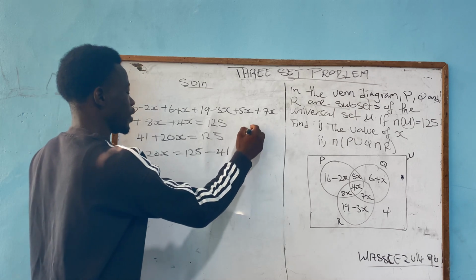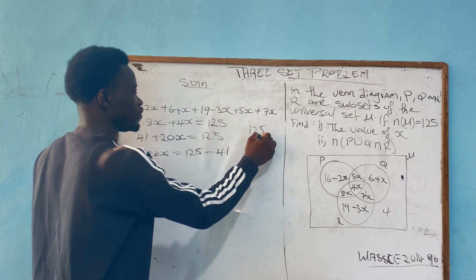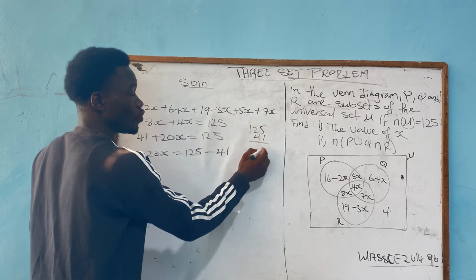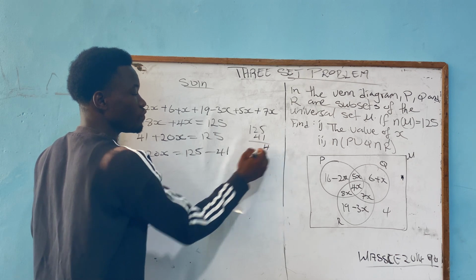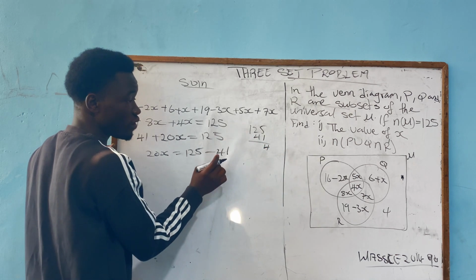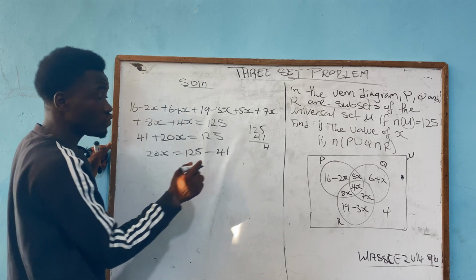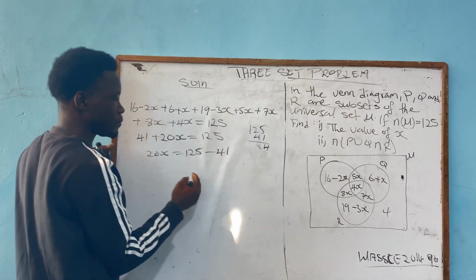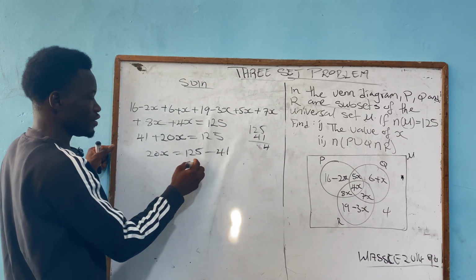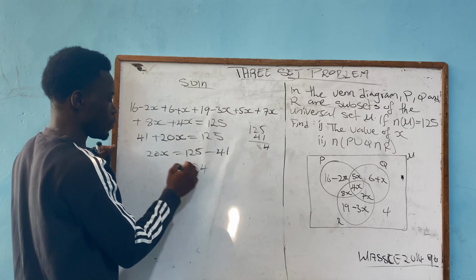So when I have 125 minus 41, 5 minus 1 is going to give you 4. 12 minus 4 is going to give me 8. And so your answer is going to be 84.